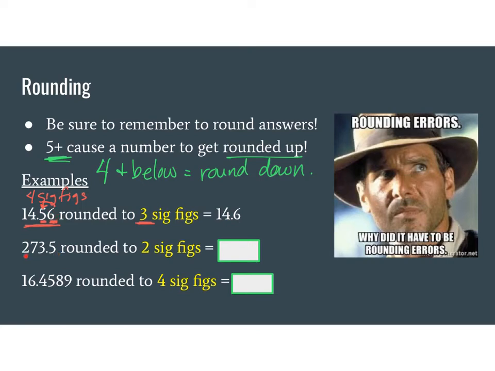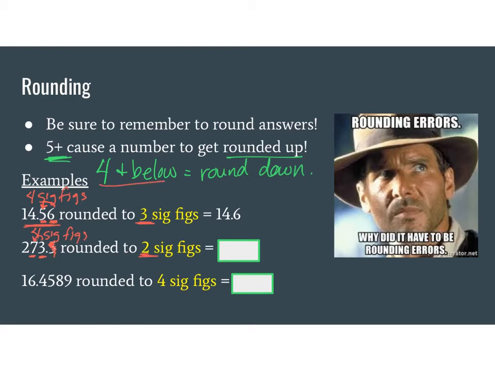Now if I look here, 273.5, again, we have 4 sig figs because they're all non-zeros. I only want to round this to 2 sig figs. So this time, I'm going to look at my second, and it can only be impacted by the third. We're not even going to care about this 5 back here. So what does this 3 do to that 7?